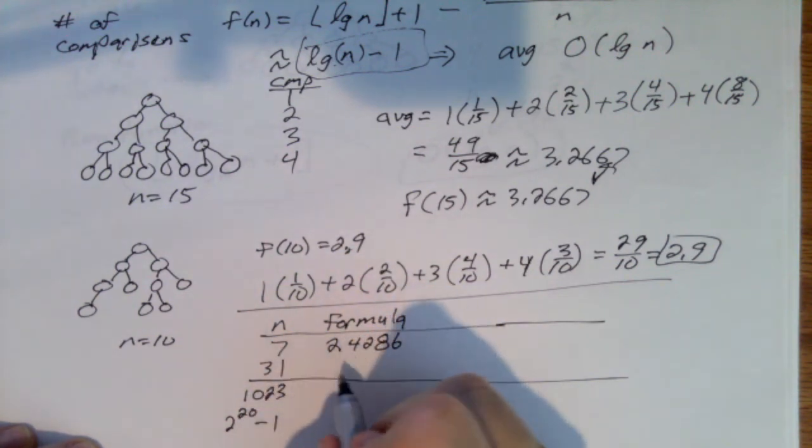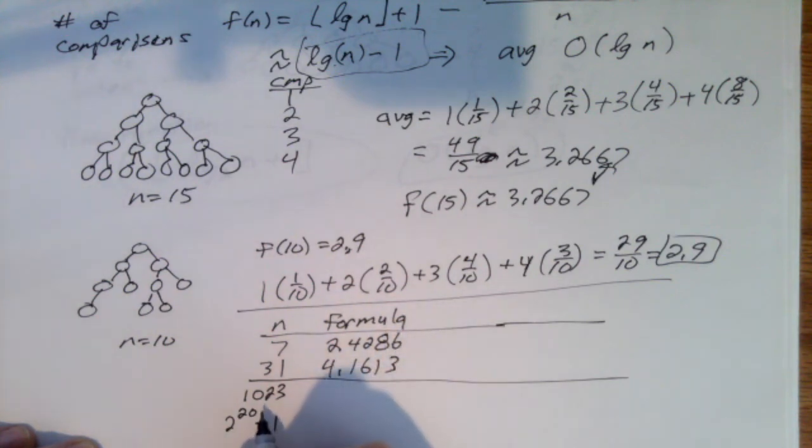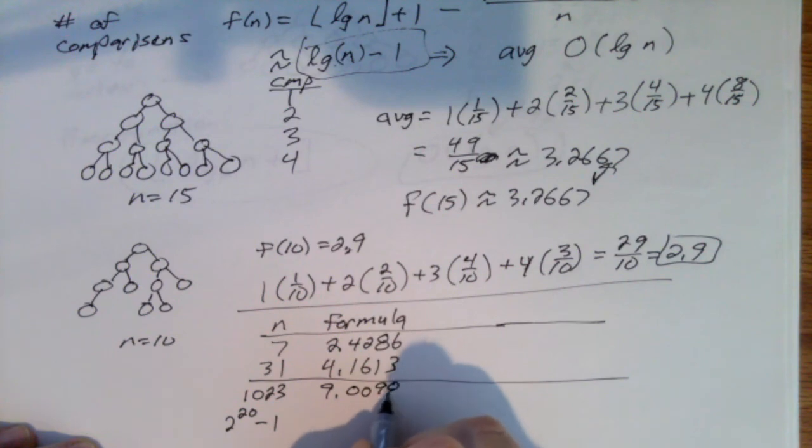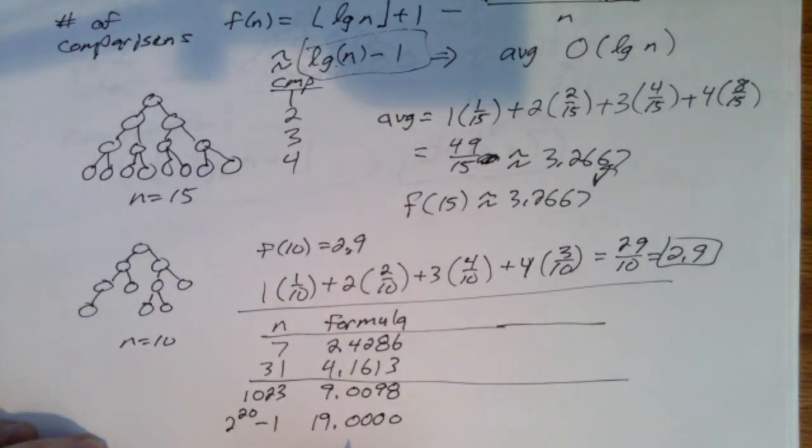For 31, I got 4.1613. For 1023, I got 9.0098. And to 4 decimal places, for the last one, I got 19.0000. When I extended the number of decimal places, I saw it wasn't necessarily exactly 19, but this is what I had here.